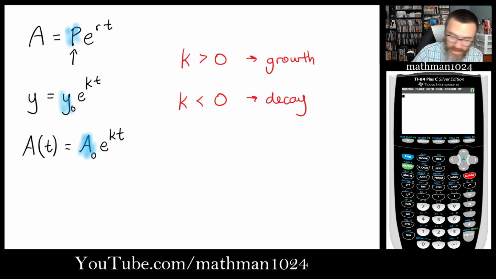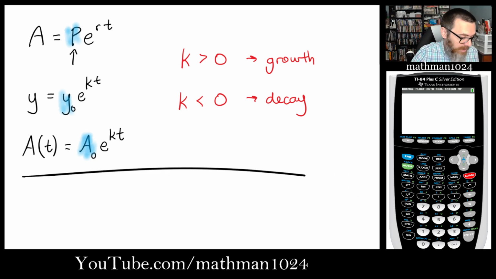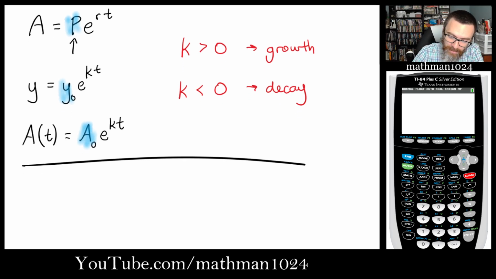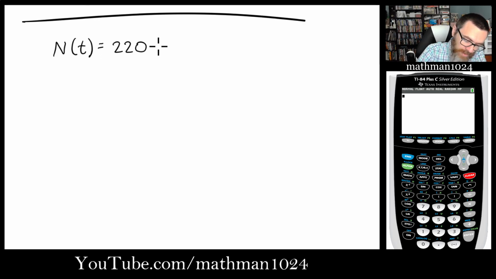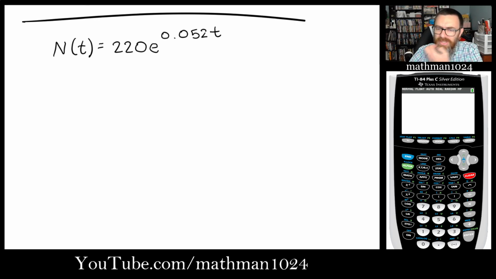Right, so the first example that we have is talking about the mass of a culture of bacteria. And it says that the mass is given by N of t is equal to 220 e to the 0.052 t. And so we can kind of see how this is matching up with the forms that we saw up above.